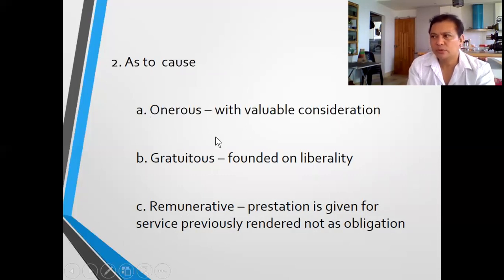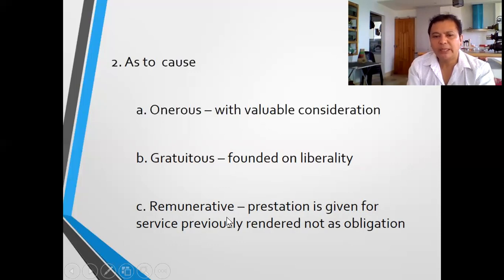If you buy something, like a car, you have to pay. So there is valuable consideration, that is onerous. Gratuitous, if it is founded on liberality or generosity, like comodatum. There's no payment involved. If you borrow a book from the library, that's gratuitous. Donation is also gratuitous, without any payment.